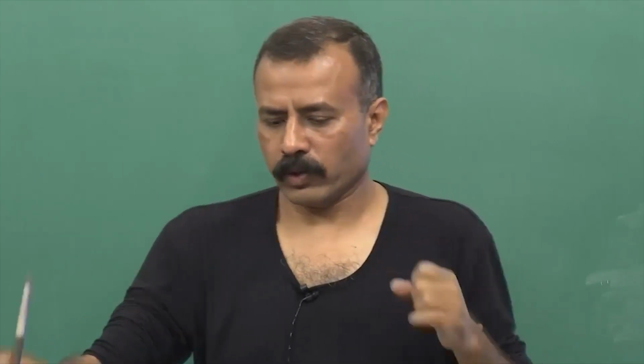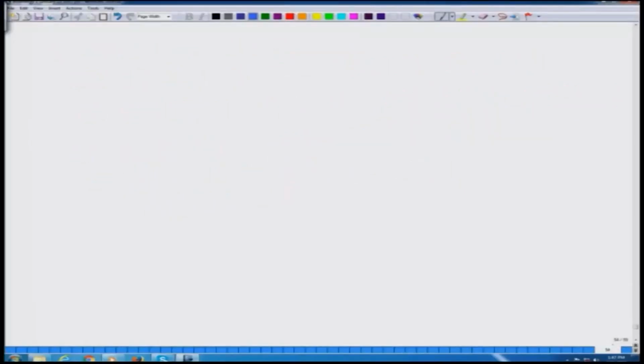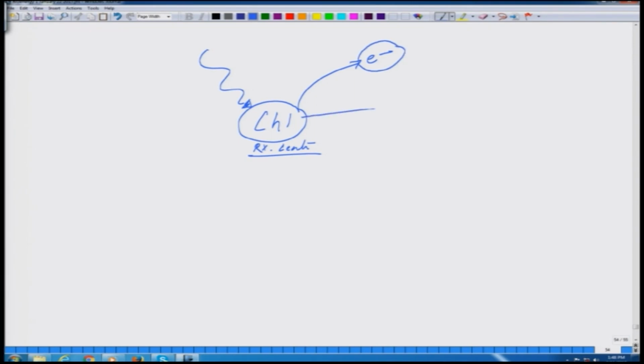Try to understand. So, let me just go to the next slide. Say for example, this is a chlorophyll molecule. So, light falls on it and it ejects an electron, okay? And just assume that this is reaction center one, or irrespective of that. So, once the electron goes out of it, what is happening? This chlorophyll molecule is now at a different state.